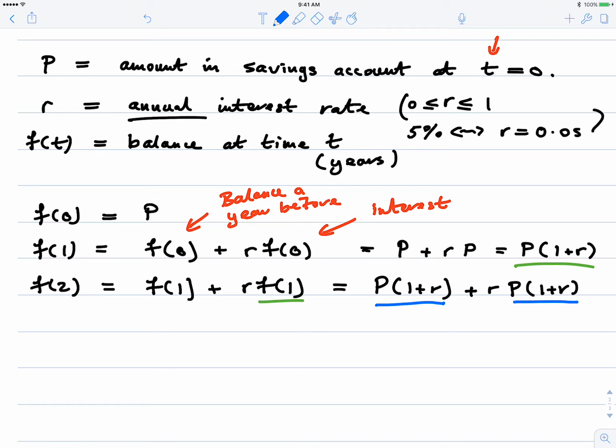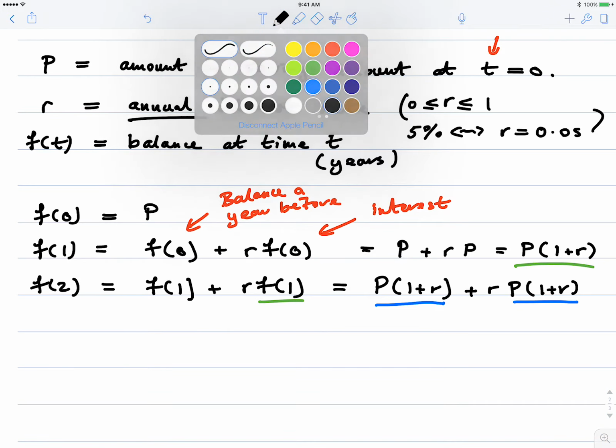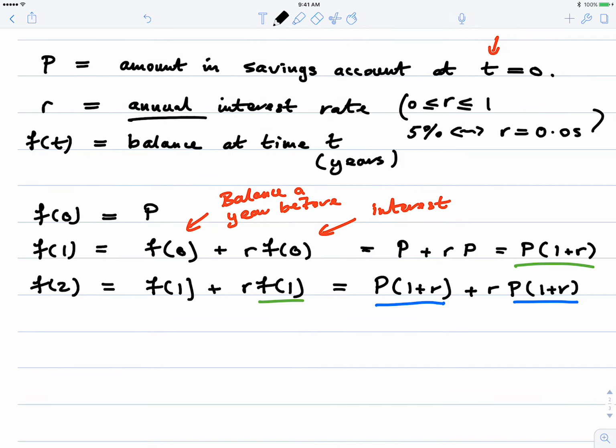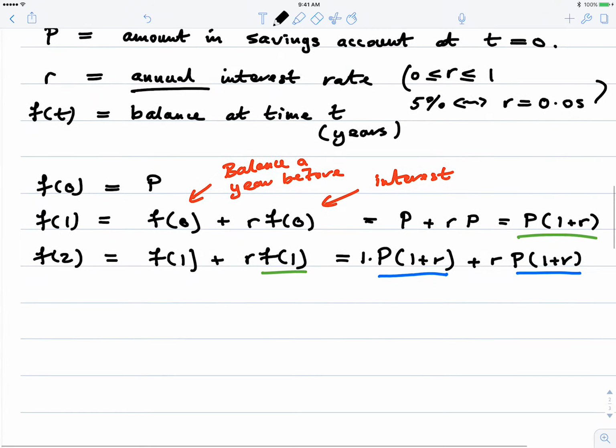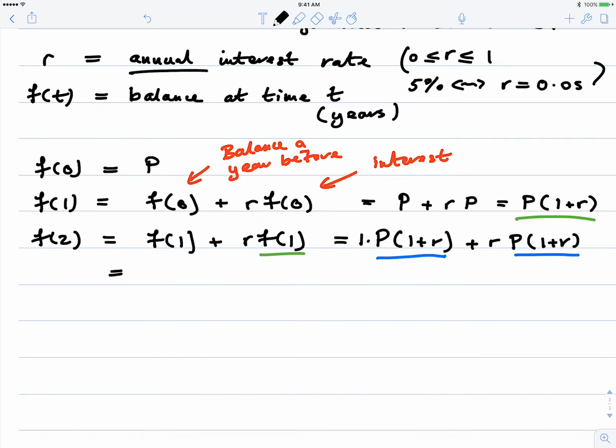And if I do that, what do I get? Just to really illustrate this, it's silly to write, but it's worth writing down for the algebra: this is 1 times this. So if I factor this out, this would become 1 plus r, coming from the 1 and the r in front of this term, multiplied by p times 1 plus r. Now I can rearrange this, and I get p times 1 plus r all squared.